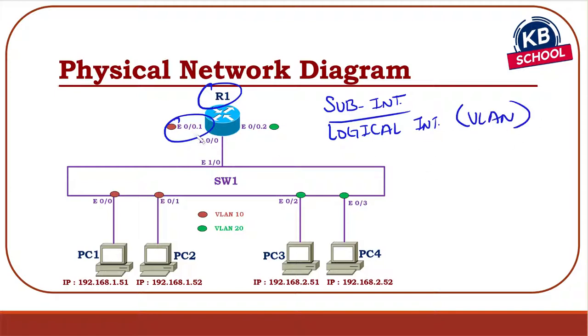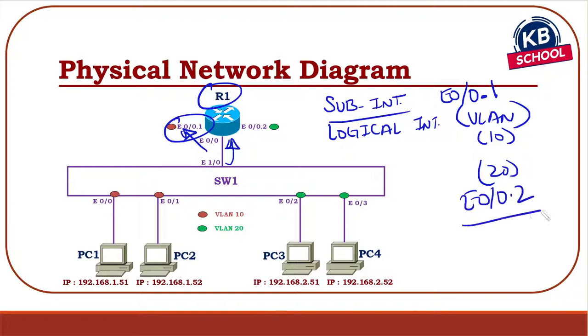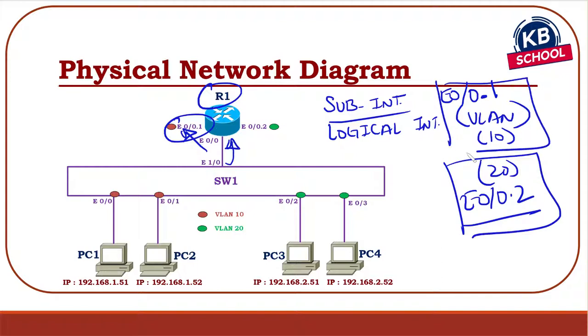So when I create E0/0.1, I will say when a packet comes in to my router which is part of VLAN 10, I will forward the traffic to E0/0.1. But if the traffic comes in with the VLAN tag of 20, I want that traffic to go to E0/0.2. It's the same physical interface. All right, so I associate VLANs with the sub-interfaces.